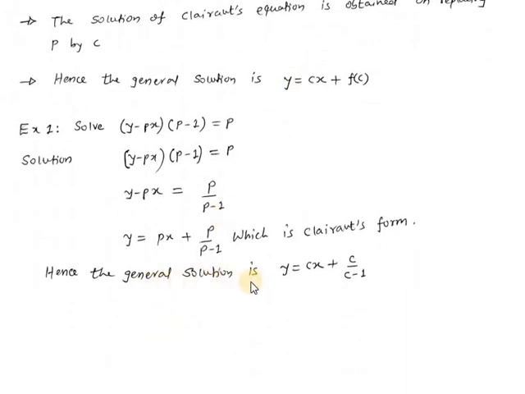Hence the general solution is given by y is equal to cx plus c divided by c minus 1. Here we have to replace p by c. Therefore the general solution is y is equal to cx plus c divided by c minus 1.